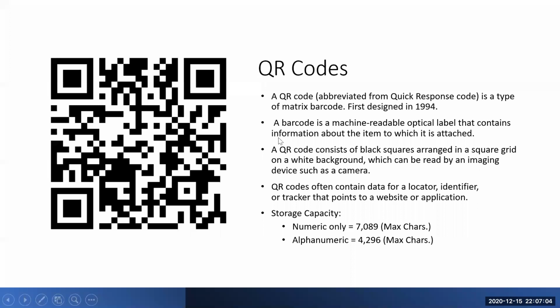It's not limited to the data of a website or just to be used to redirect. When you think of the storage capacity, if you are going to store only numeric values, there's a maximum of 7,089 characters that can be stored in a QR code. And when it comes to alphanumeric, there are 4,296 maximum characters.